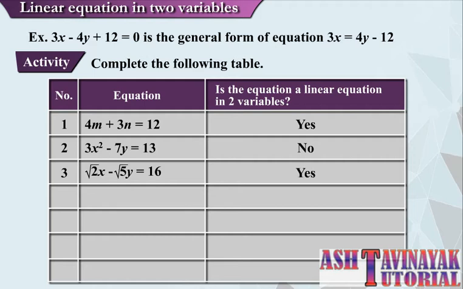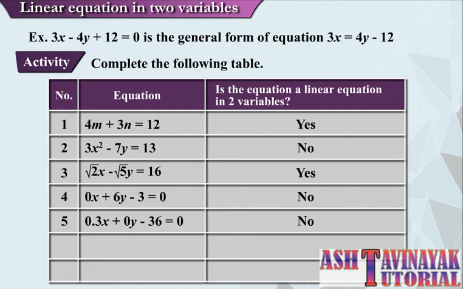Number 4. Equation 0x + 6y - 3 = 0. Is the equation a linear equation in two variables? No. Number 5. Equation 0.3x + 0y - 36 = 0. Is the equation a linear equation in two variables?